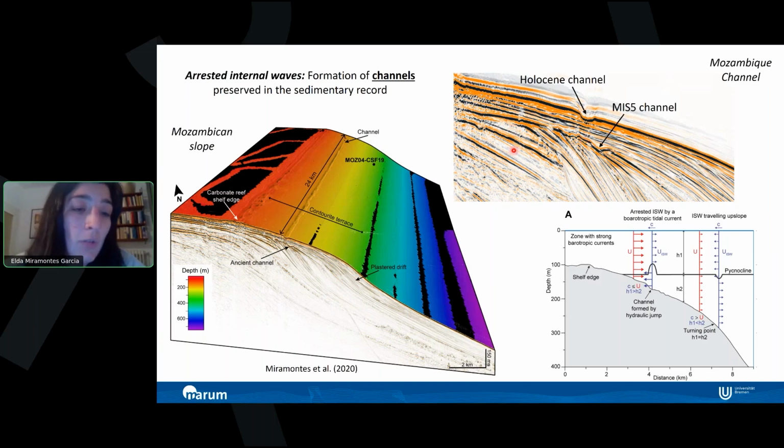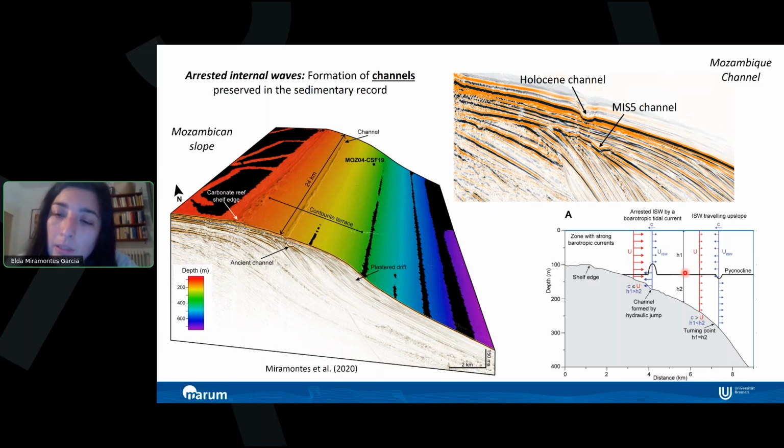And the idea of why we might have such a continuous and straight channel, with no obstacle, just in the middle of the slope. You see here it's just continuous and suddenly a channel. So the idea is that probably we have an internal wave coming, but in the area we also have barotropic tides that affect the area regularly in a different direction.